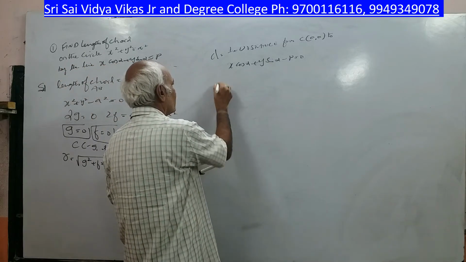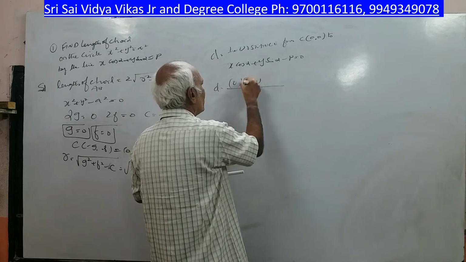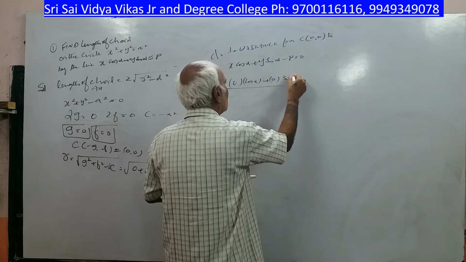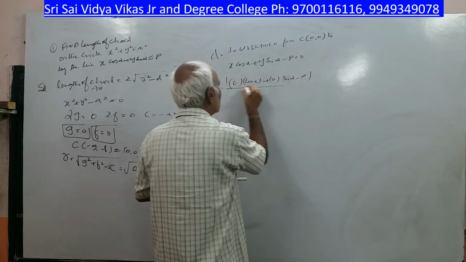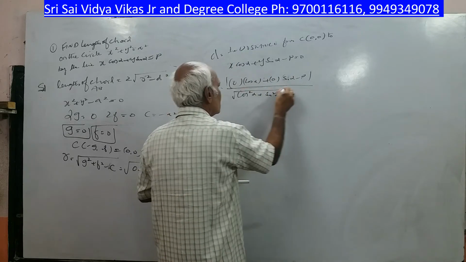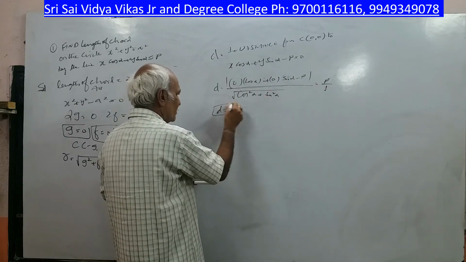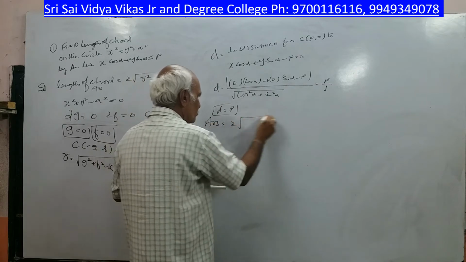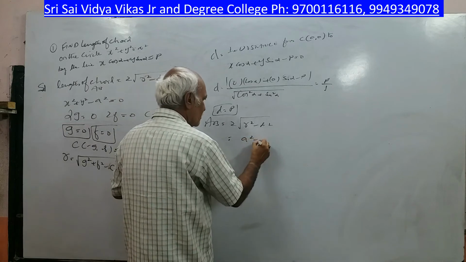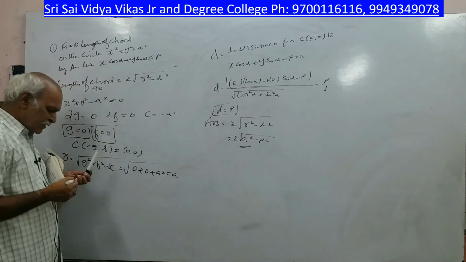Therefore, x is replaced by 0, plus y is replaced by 0, so modulus of minus p by root of cos square alpha plus sin square alpha. So this becomes p by 1, because sin square plus cos square is 1. So d is equal to p. Therefore, AB is equal to 2 into root of r square minus d square. R value is a, so 2 root of a square minus p square. Okay, same application. There is no change in the problem. Please note down this.